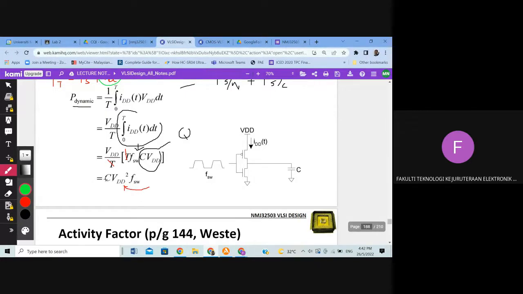So among these three elements, C, VDD, and F switching, what are the very important elements that can reduce the dynamic power? Any try from you? I give you time to think about it, and then we can discuss.